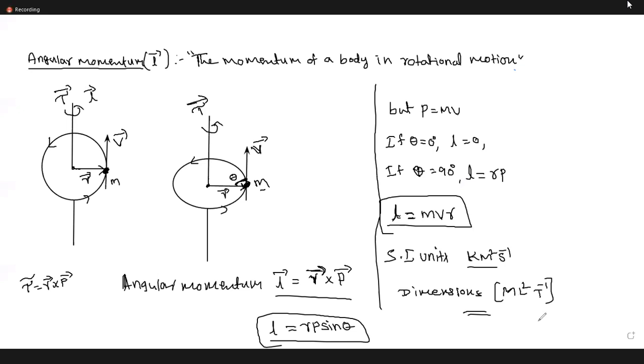So, the relation between angular momentum and torque. What is the relation between force and linear momentum?